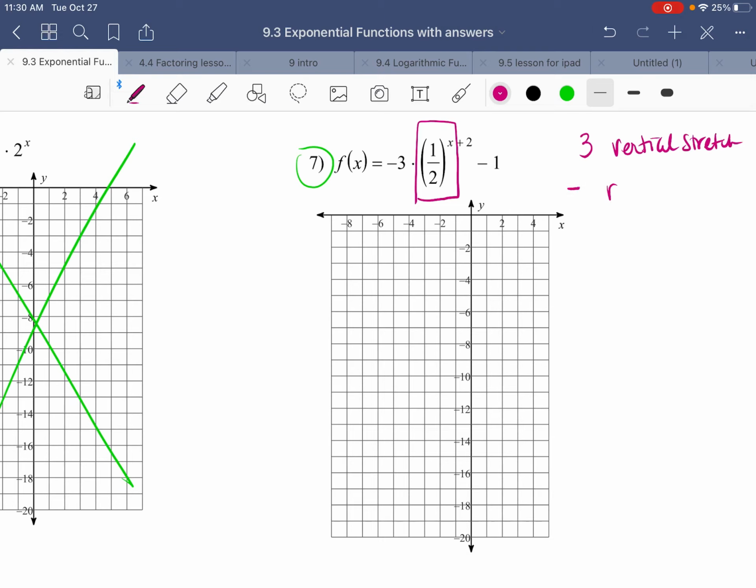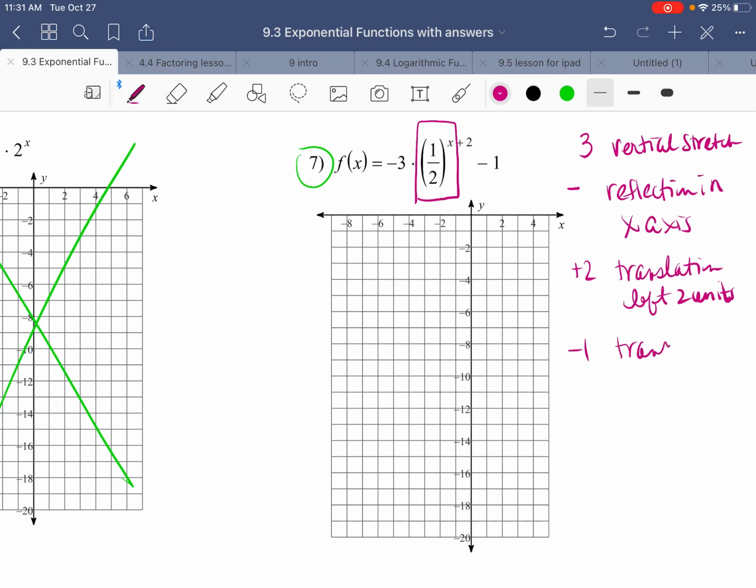The negative does a reflection in the x-axis. The +2 does a translation left 2 units. And the -1 is a translation down 1 unit.